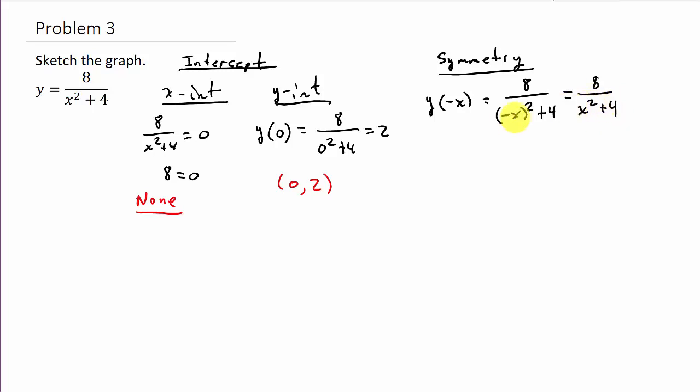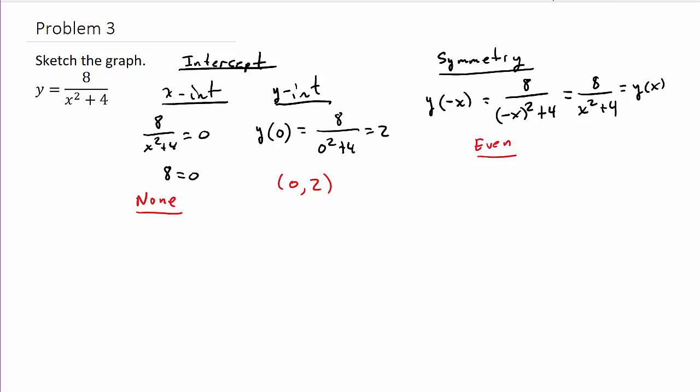And you can see when I evaluated this function at negative x, what did I get? I got the original function back. You see that? So that tells me this is an even function.